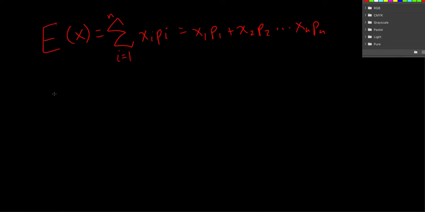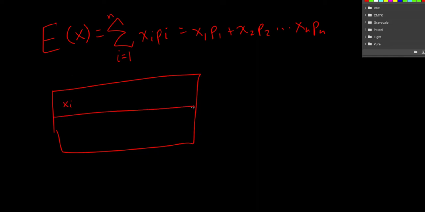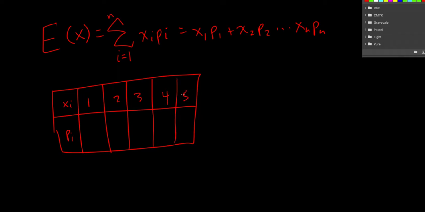So from the previous video we had some magazine data, and I'm just going to rewrite it right here. It was 1, 2, 3, 4, 5, and it was 0.23, 0.38, 0.21, 0.13, 0.05.